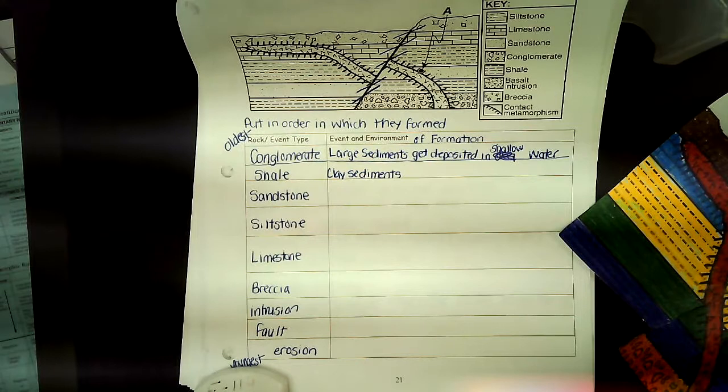Now, clay is how big? Less than 0.0004 centimeters, which is really, really tiny. So picture these really tiny particles heading down the river, hitting the lake. Where do the teeny tiny particles get dropped off?